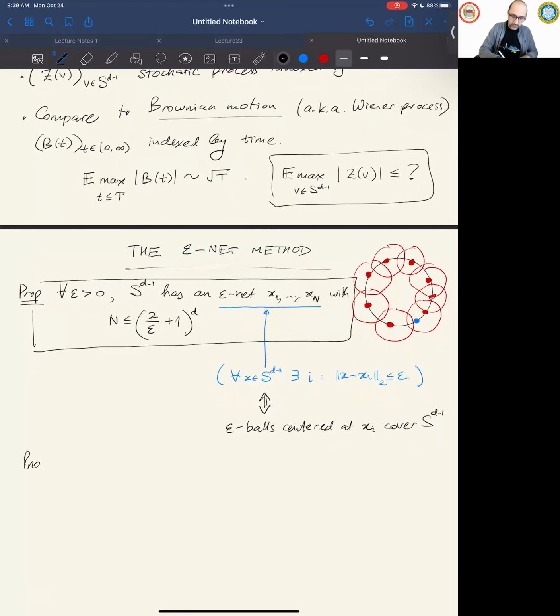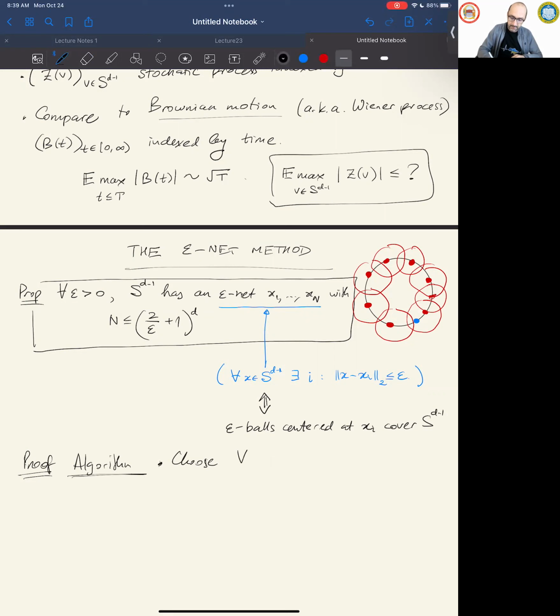Good. So how do we do this? Let's do an algorithm. We'll actually find the algorithm to find epsilon nets or small coverings. First step. Choose the first point arbitrarily.